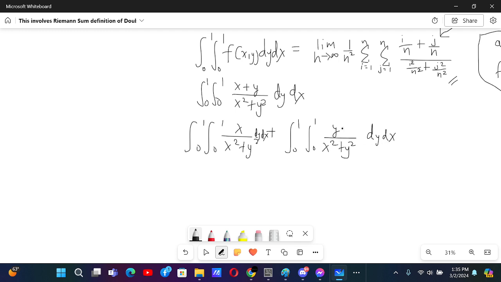Now that x and y are just dummy variables, I can write over here x and then y square plus x square as well. So that's the same.